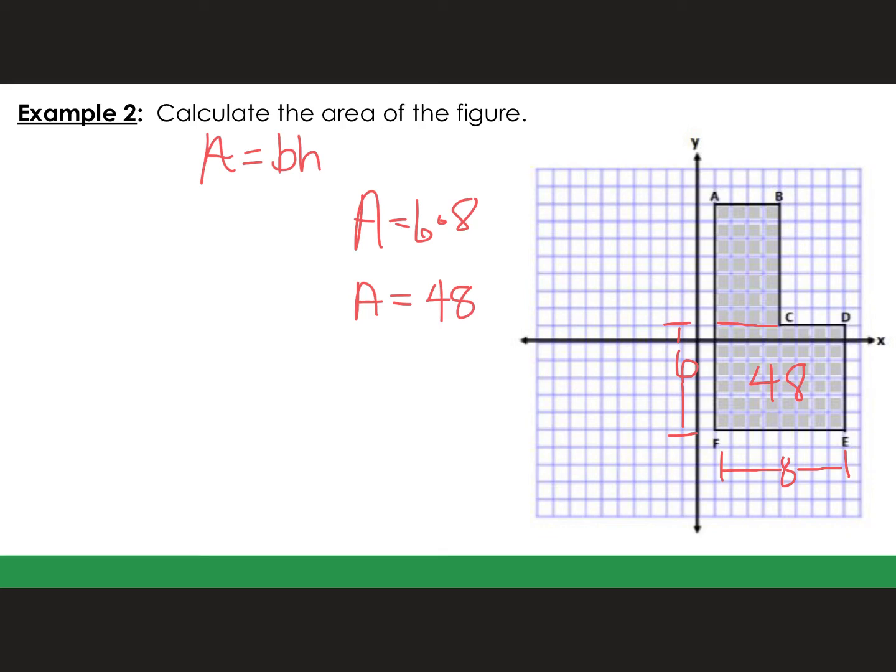And then the other one, from 7 by 4. So area equals 7 times 4.